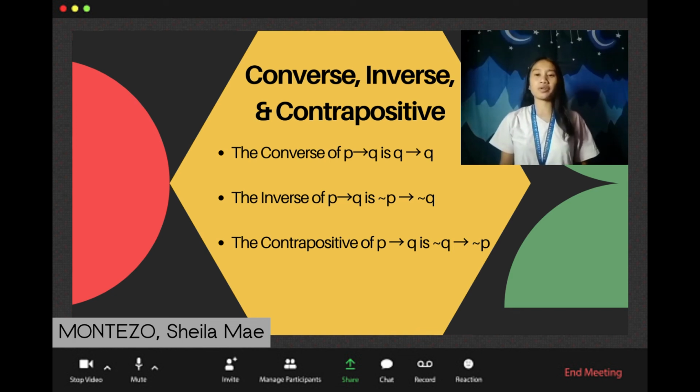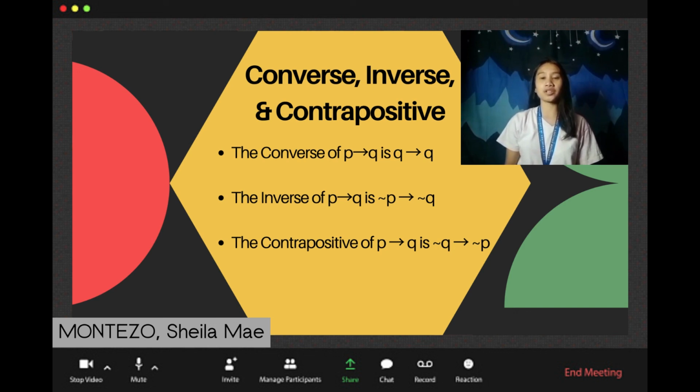So, these are the converse, inverse, and contrapositive. The converse of P then Q is Q then P. The inverse of P then Q is negation P then negation Q. The contrapositive of P then Q is negation Q then negation P.